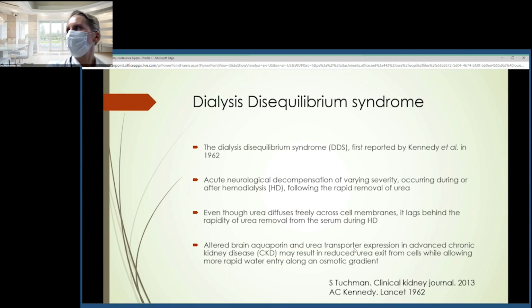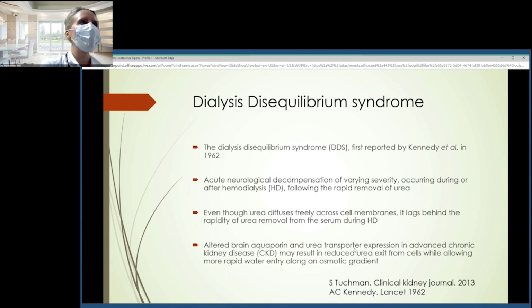And there is a problem with people with end-stage renal disease. There are aquaporin channels in the brain cells which let water in and out. They're actually upregulated for some reason in dialysis patients, so water can go very fast.